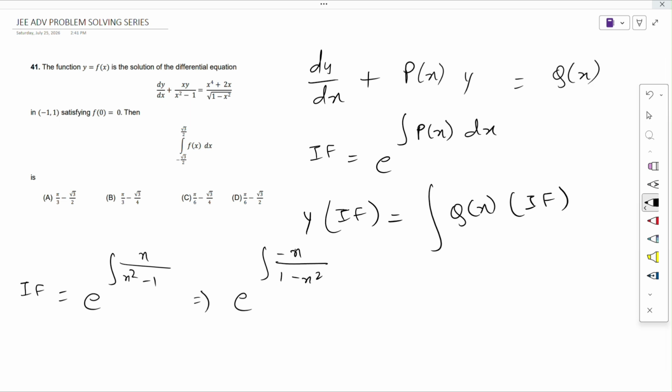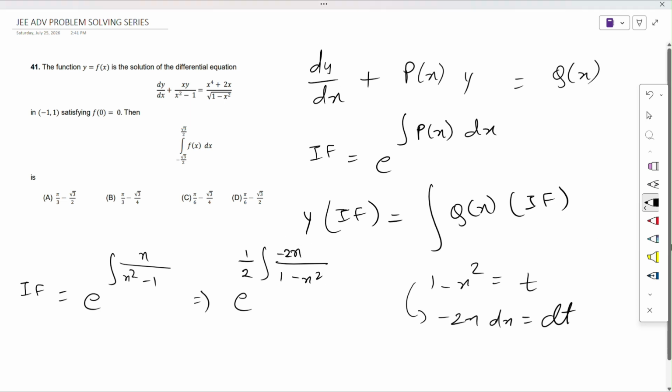This minus will go here, and if I observe carefully, if 1 minus x square is t and I differentiate this, I'll get minus 2x dx equal to dt. So if I multiply by 2 and divide by 2, I can see this thing becomes dt.